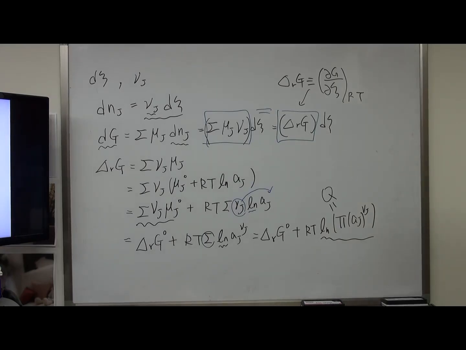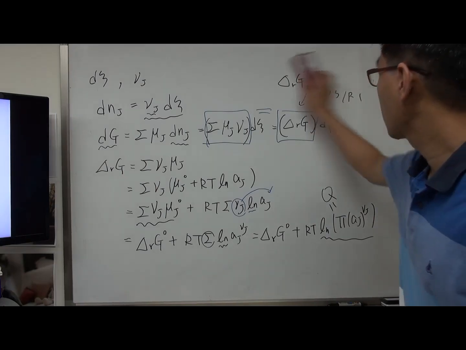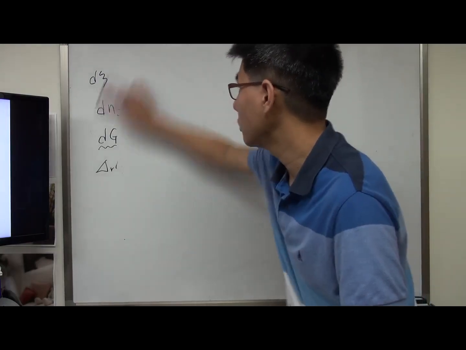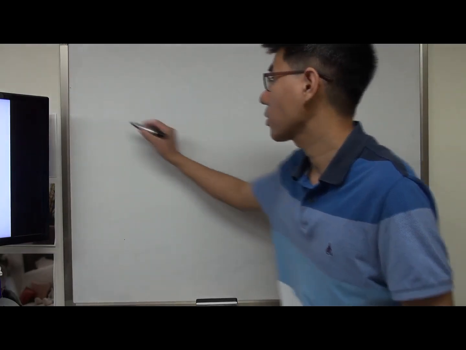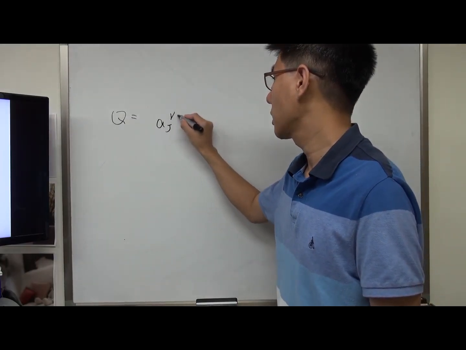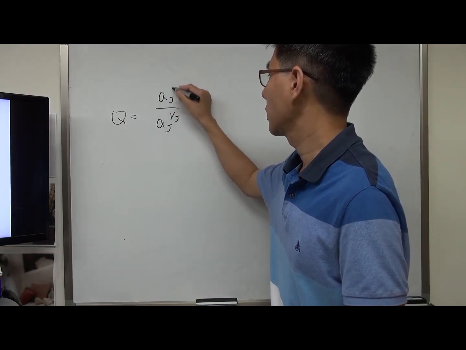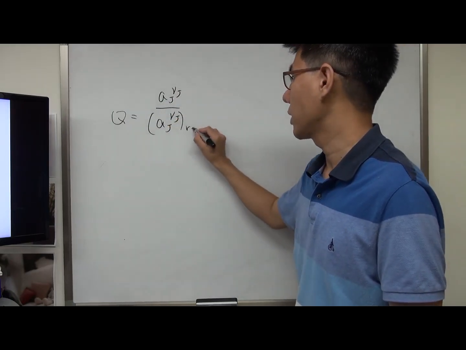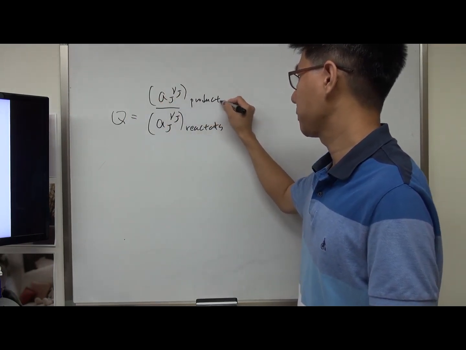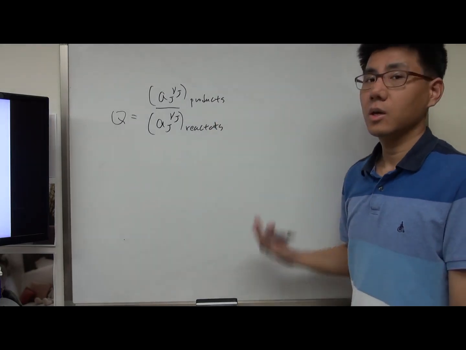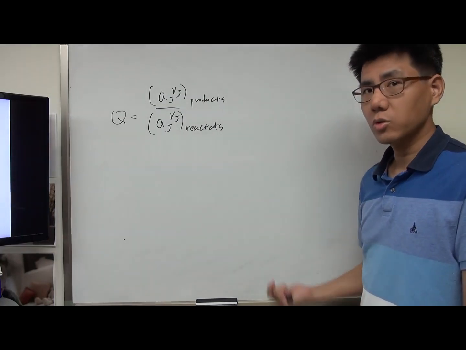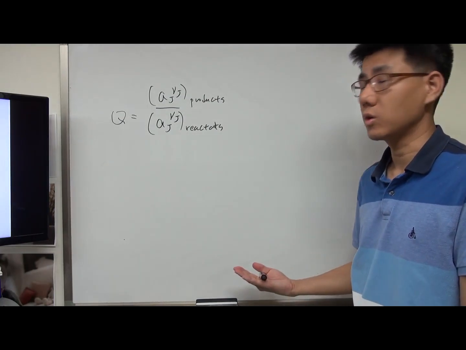Alright. So basically, if you want to calculate the reaction quotient Q, what you need to do is this: for reactants, for products. Especially if the reactant or product is a pure solid or liquid, then the activity is 1, so you don't really need to worry about it.